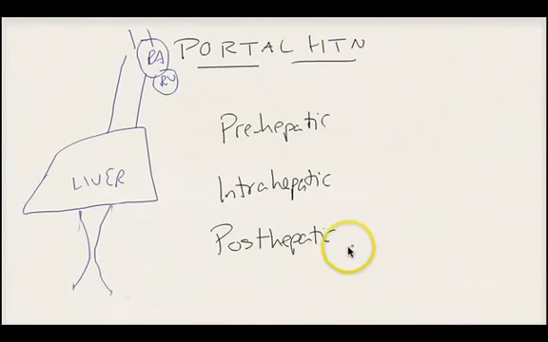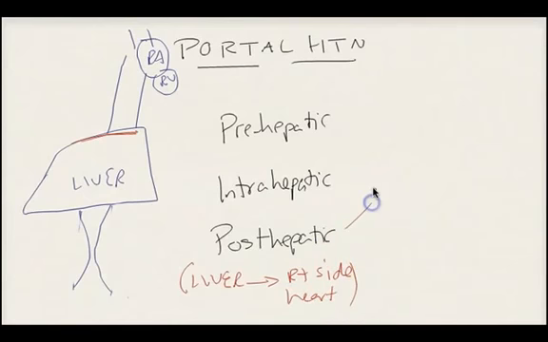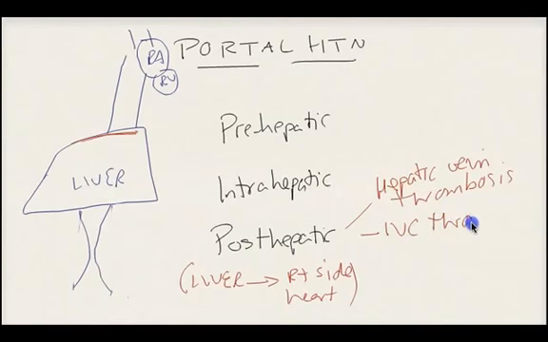And finally, posthepatic. As we said, this is obstruction anywhere from the liver, or the outside of the liver, right here, all the way to the right side of the heart. So common culprits may be hepatic vein thrombosis, or inferior vena cava thrombosis.